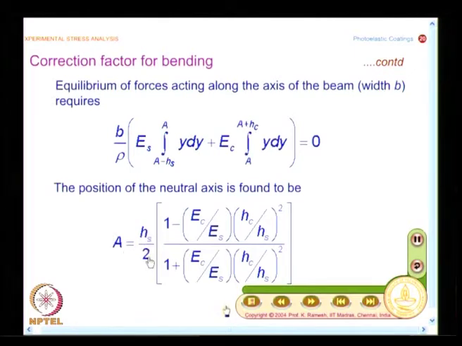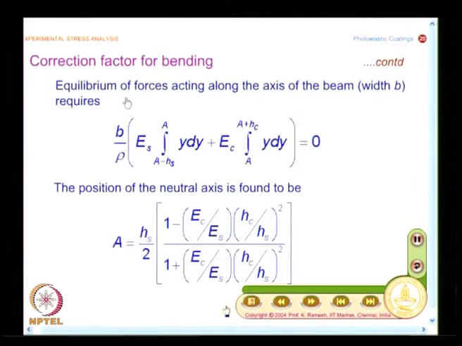And when you solve this expression, I finally get the expression for A, that turns out to be hs by 2 into 1 minus Ec by Es into Hc by Hs whole square. Later we will replace this by convenient symbolism, I will replace this by E and probably I will replace this by G and so on, and this is divided by 1 plus Ec by Es into Hc by Hs whole square.